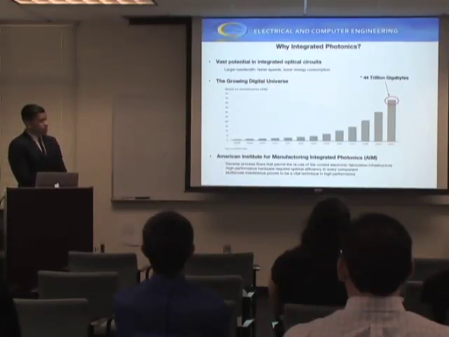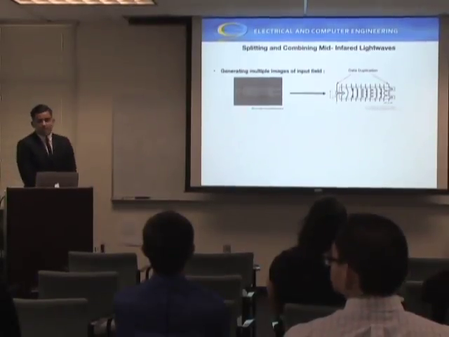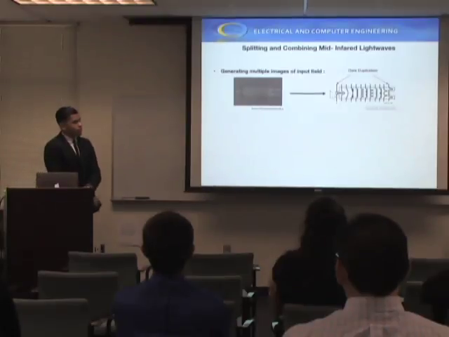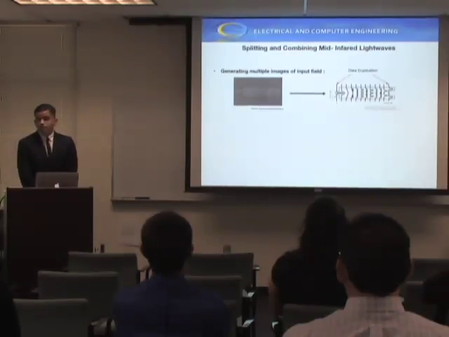More importantly, this summer I've been focusing on what we call multimode interference waveguides, or MMI waveguides for short. Their main purpose is to generate multiple images of an input source, in this case lasers, working in the near-infrared spectrum. In my simulations, I ran at a 1.55 micron wavelength.